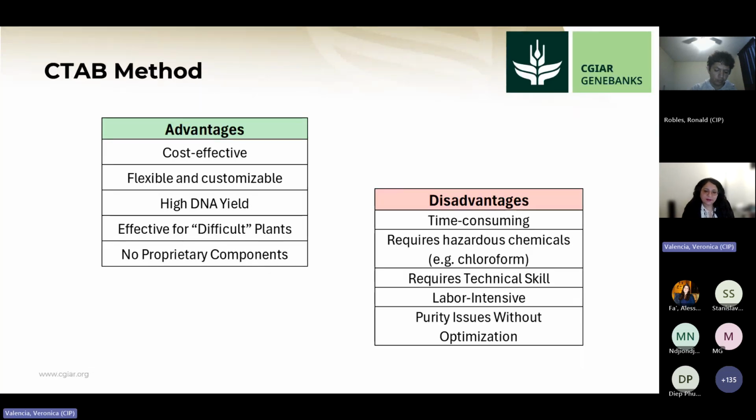And it's, again, labor intensive. And even if you start optimizing your setup method, it produces some issues that can cause your PCR to not work well, or the sequence not to be up to the standard of the company you want to send your DNA to.